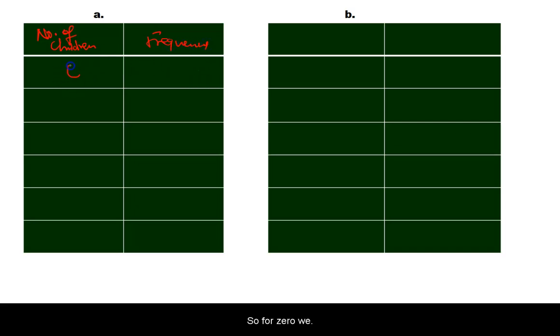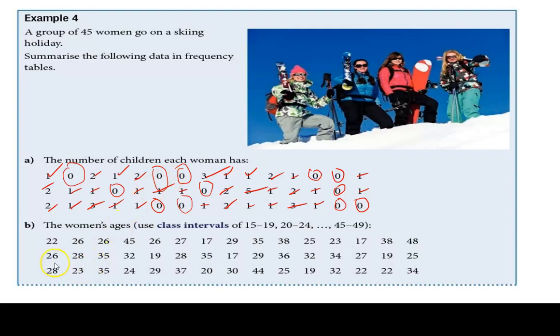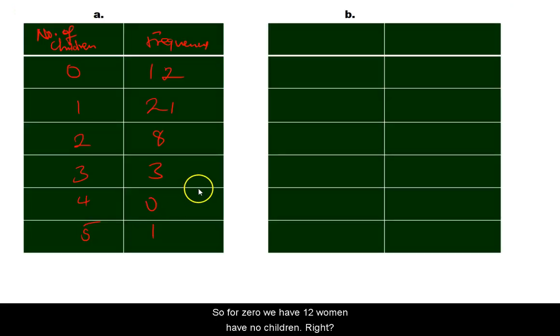So for 0, we have 12 women who have no children. 21 women have only 1, 8 have 2, 3 have 3, none of them has 4, and 1 has 5.